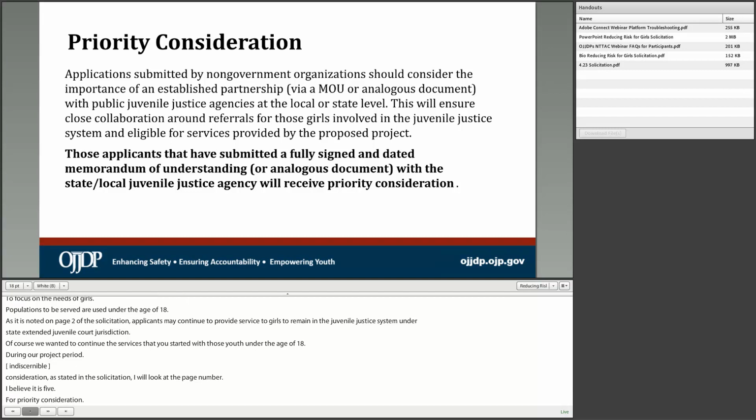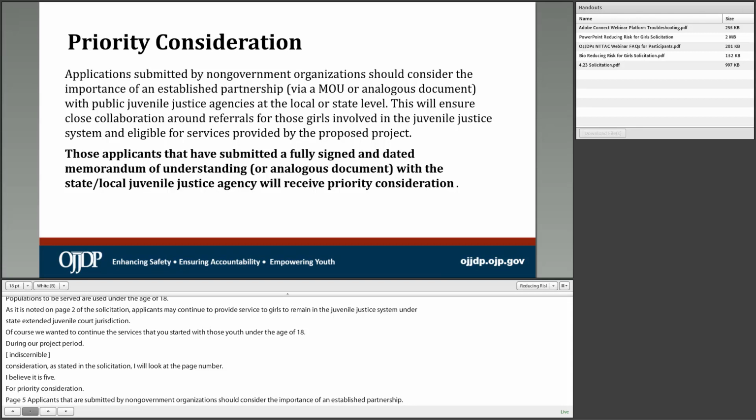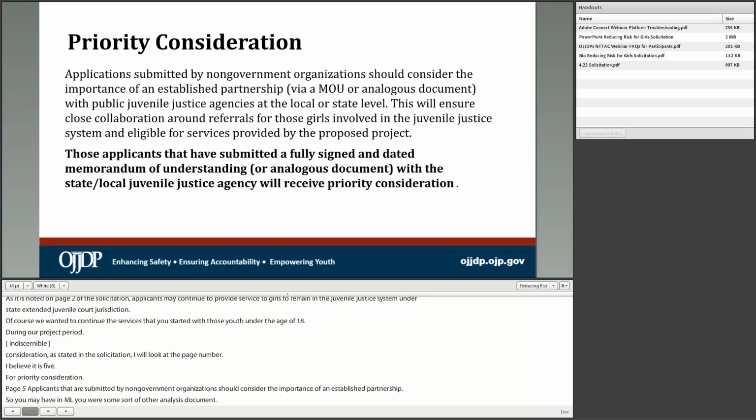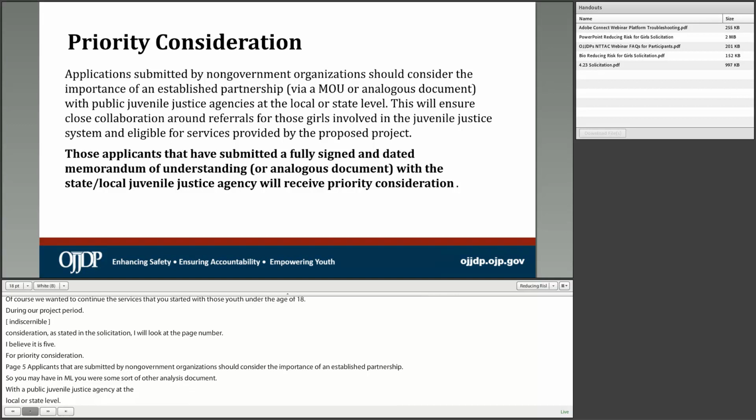So you may have an MOU or some sort of other analogous document with a public juvenile justice agency at the local or state level. This will ensure close collaboration around referrals for those girls involved in the juvenile justice system and eligible for services provided by the proposed project.